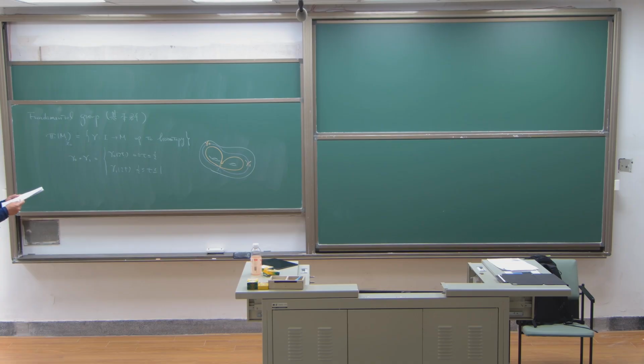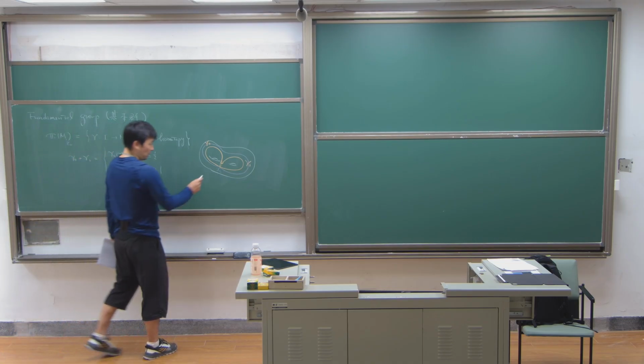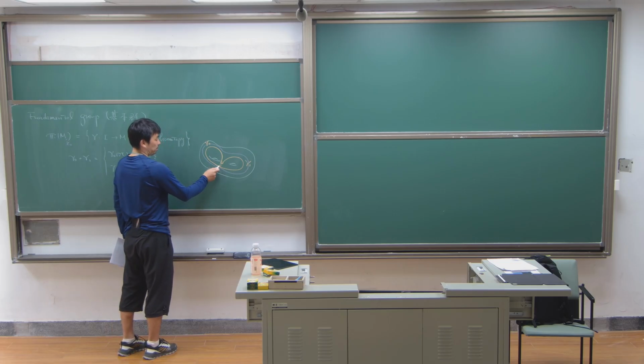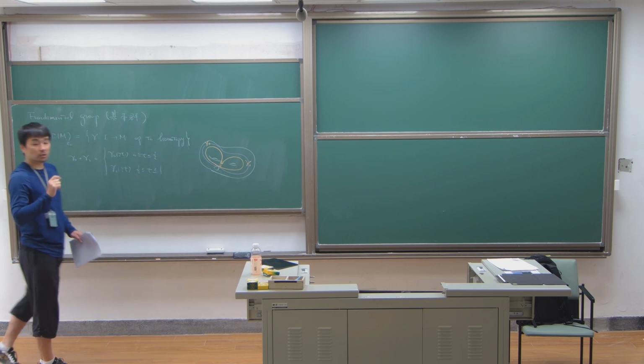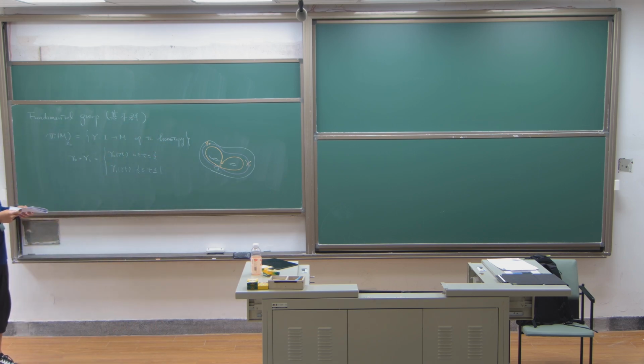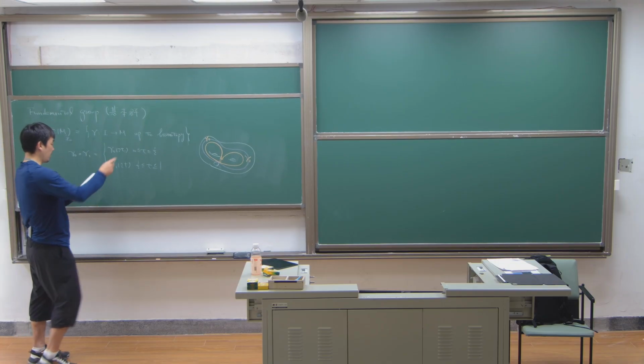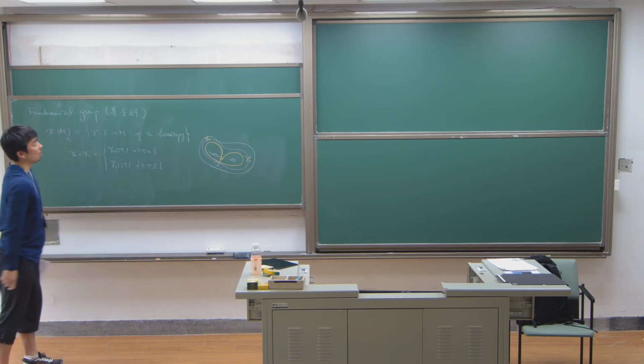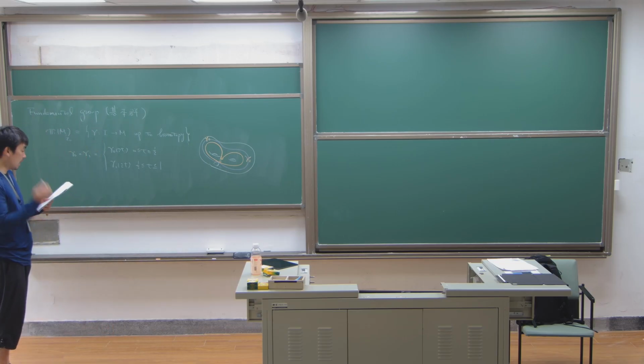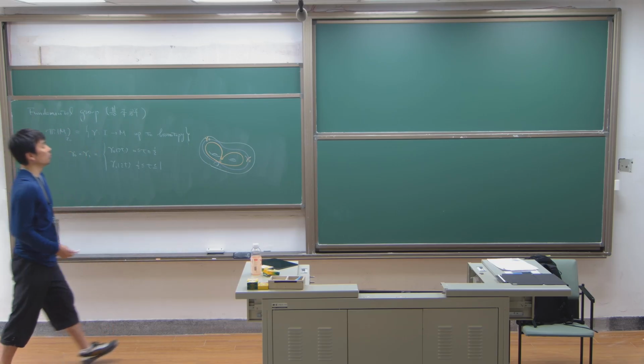And then 单位元 is just a constant map, just constant. 单位元 is something like this. That is contractible to the point. 同类。然后逆元呢？逆元, inverse.